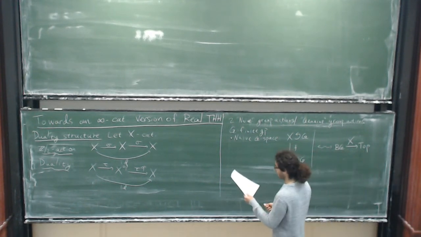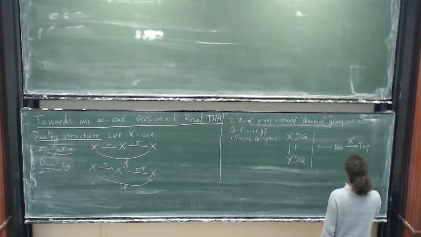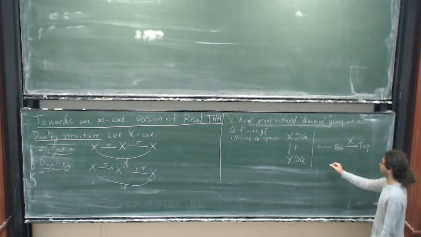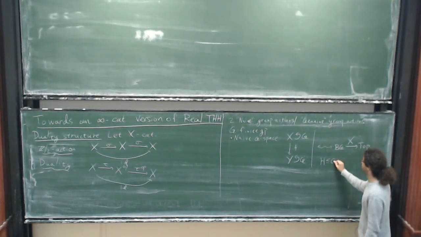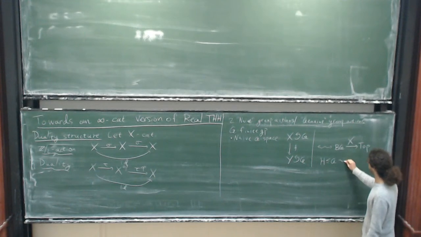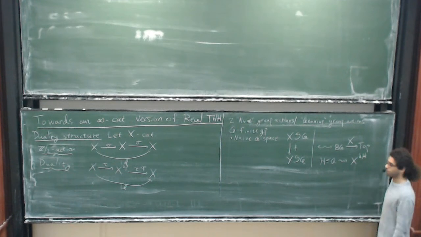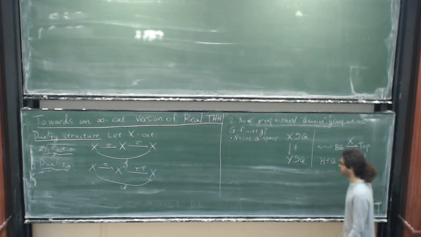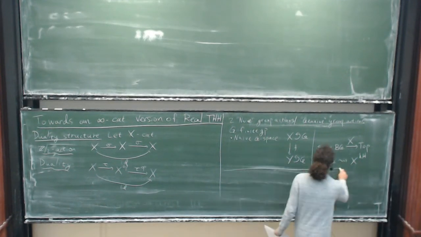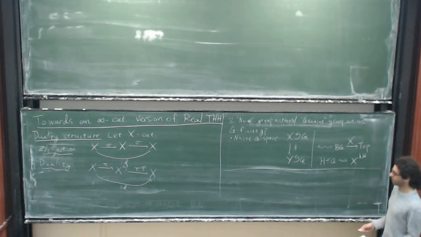Okay, and what can we do with a naive G space if we have a subgroup H of G? We can take the homotopy fixed points with respect to this subgroup. Okay, so this is the naive approach.